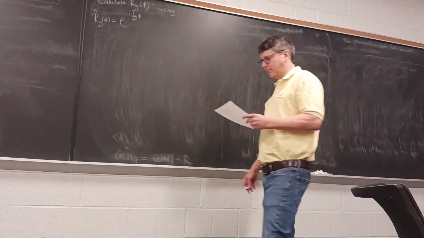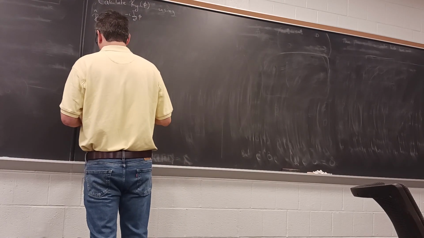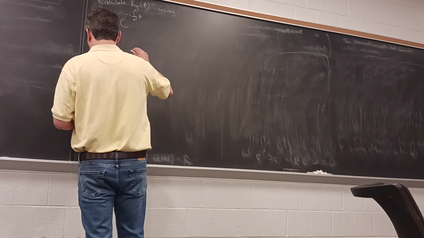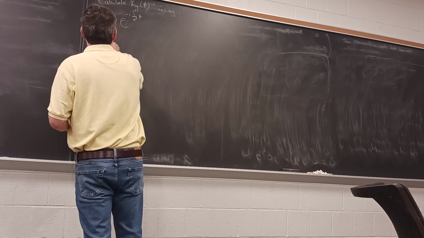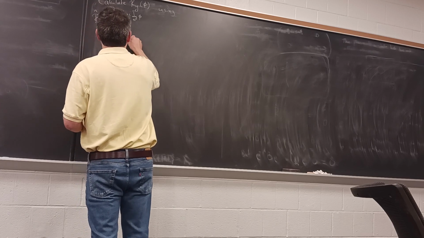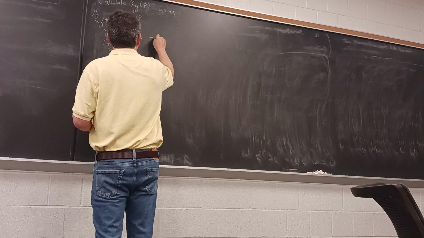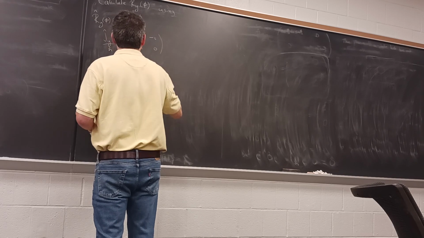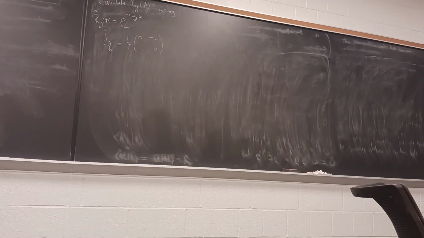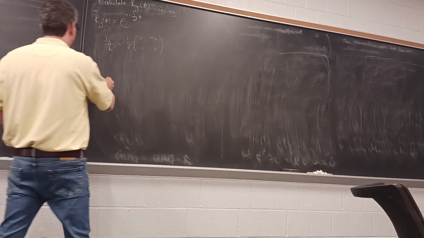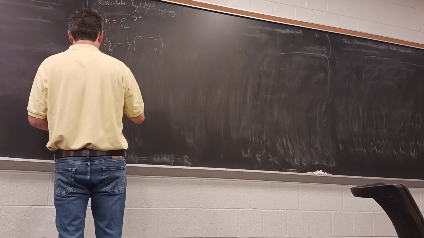And so J y hat over h bar will be 1/2 times the matrix 0, minus i, i, 0. Okay, so now you can go through the steps of calculating the square and all this stuff.